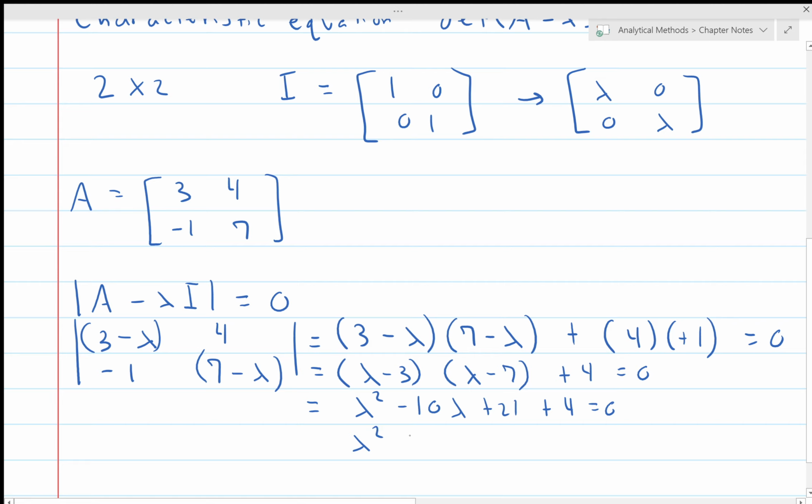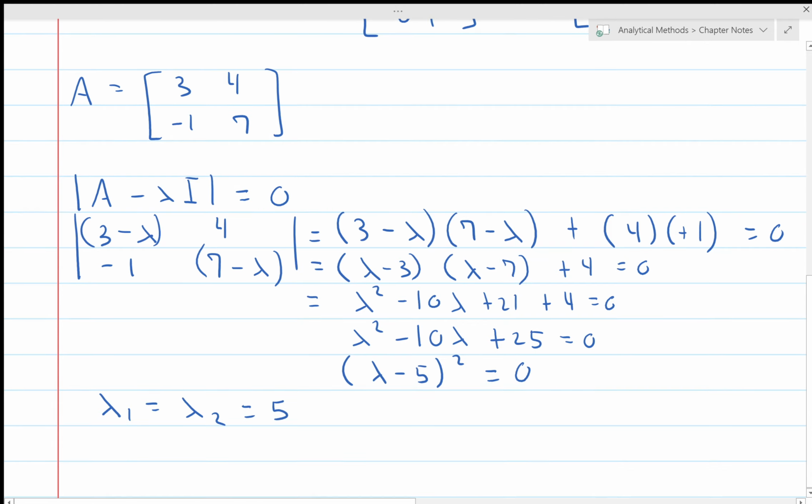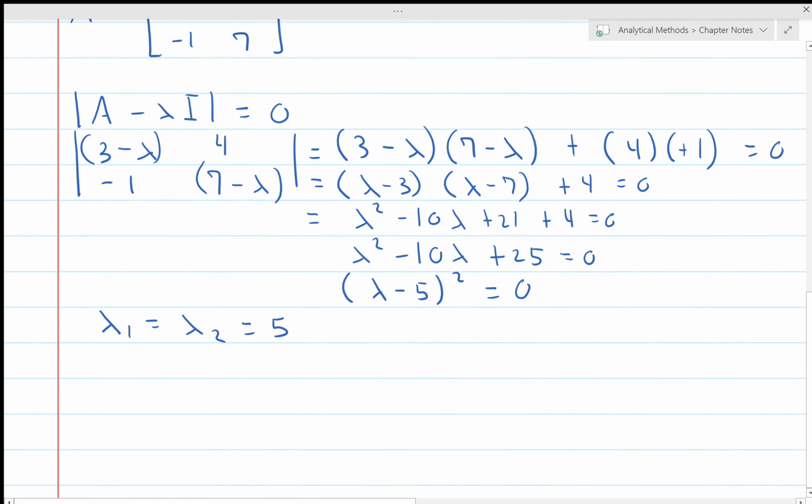Lambda squared minus 10 lambda plus 25 is equal to 0. So in our case here, that would be lambda minus 5 squared is equal to 0, showing that in this case lambda 1 equals lambda 2, which is 5. So lambda equals 5 has a multiplicity of 2.